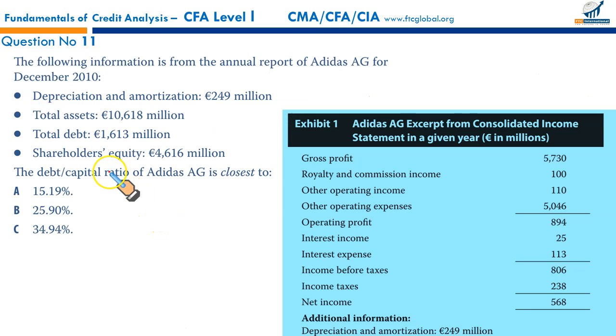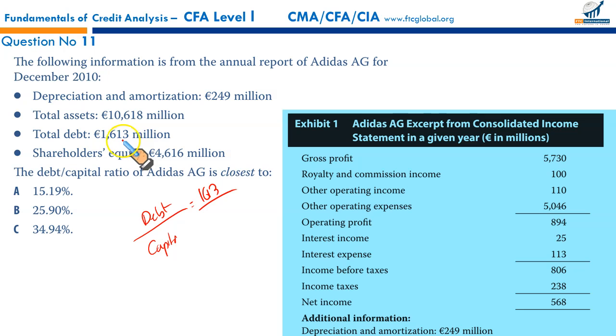Next, the following information is from the annual report of Adidas for December 2010. We have been given depreciation and amortization, total assets, total debt, shareholders' equity. We need the debt to capital ratio. All right. Now for the debt to capital ratio, we have debt given as 1613 million, but we do not have the total amount for capital.